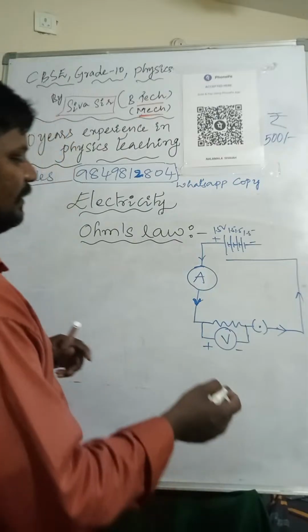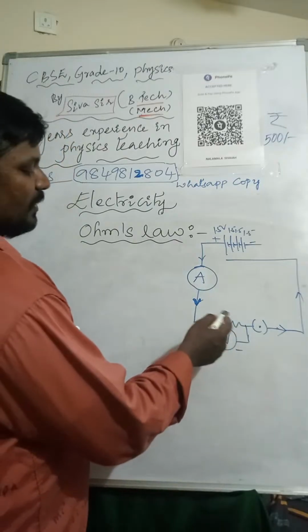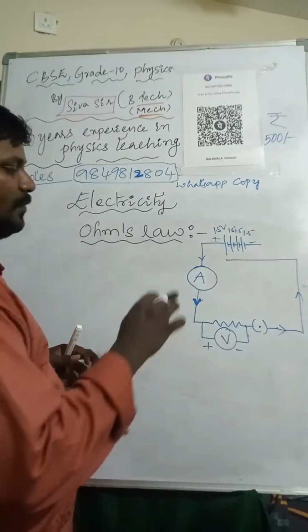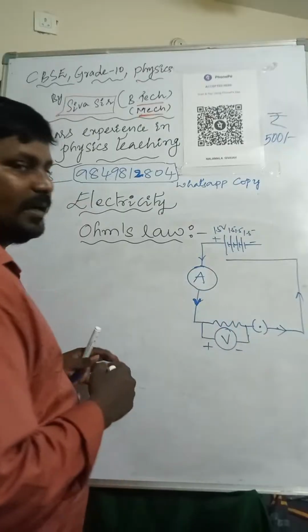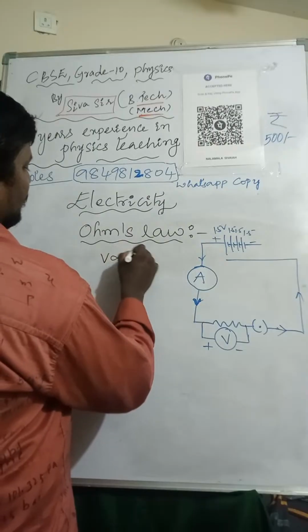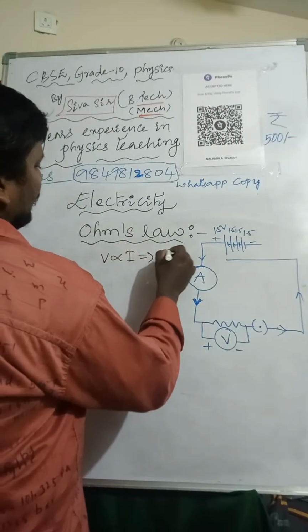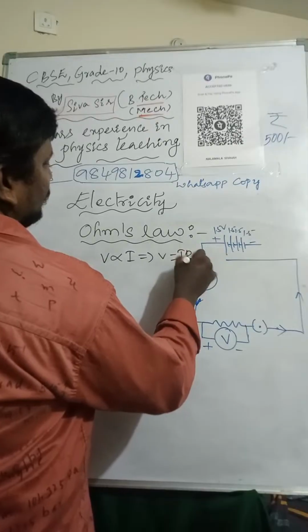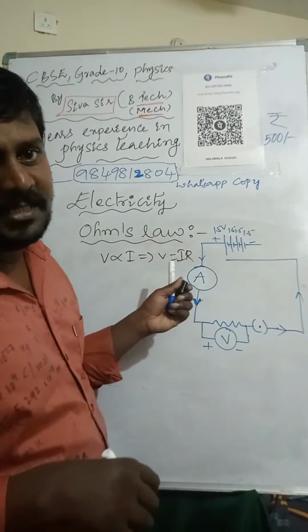So at a constant temperature, the potential difference across a metallic wire is directly proportional to the current flowing through it. V is directly proportional to I, V equal to IR. So Ohm's law gives the definition of resistance.